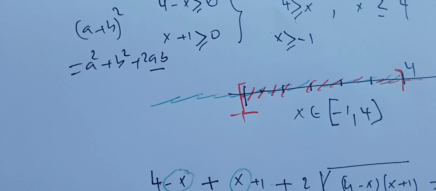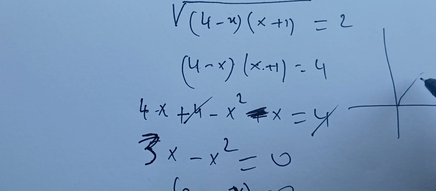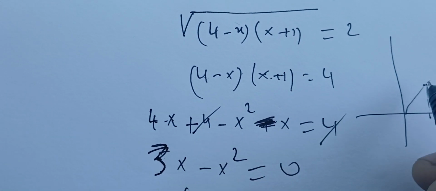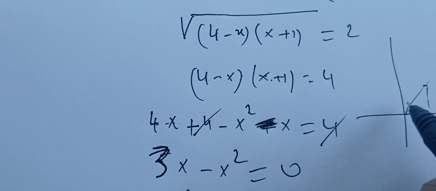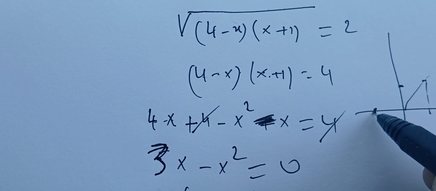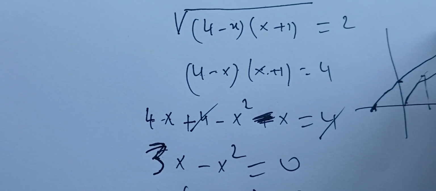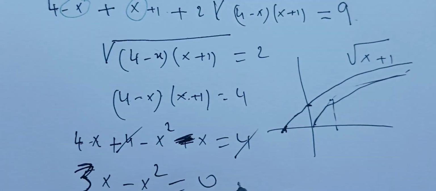We know the square root of x is like this. So this is 1. Square root of x plus 1 is this one shifted 1 unit, so it's gonna be parallel to this one. So this is square root of x plus 1.